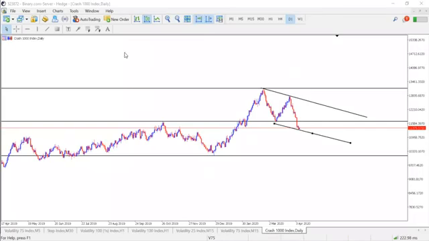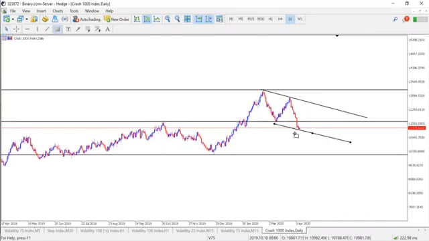Crash 1000, right? Putting in mind that we have this level here. So right now, what may happen is that on the lower time frames, we may get a push to the upside to come and retest this level and start going down to this level here, and then we're going to have that push to the upside, right?